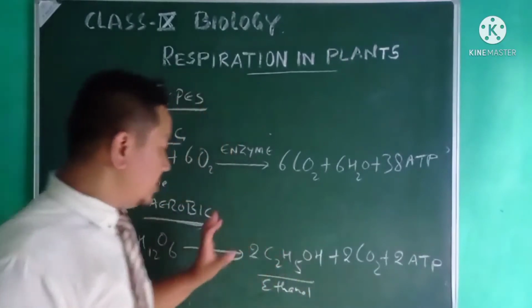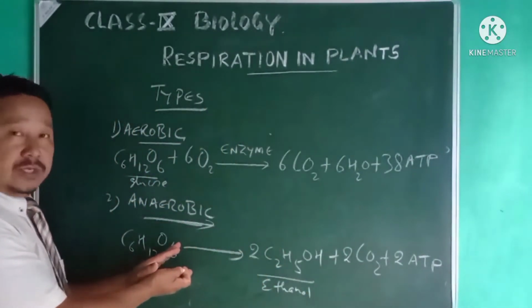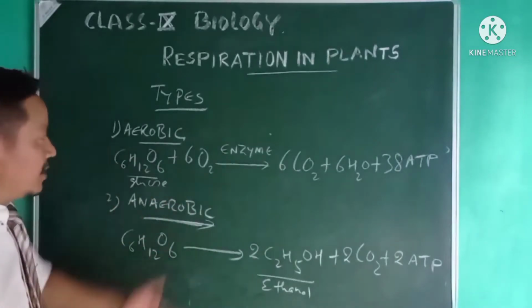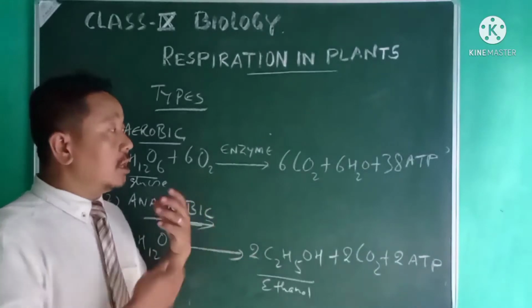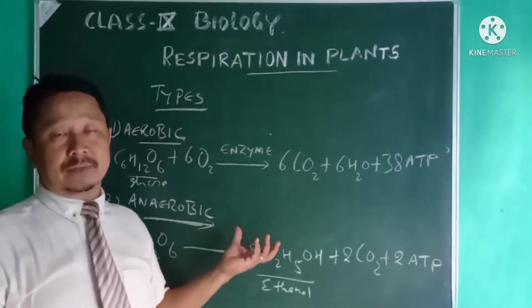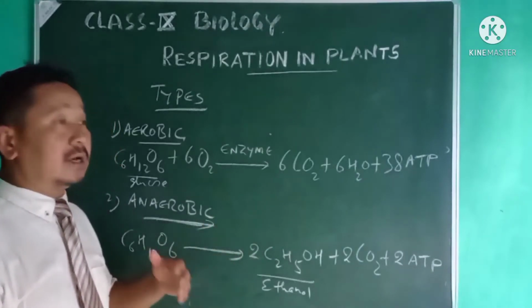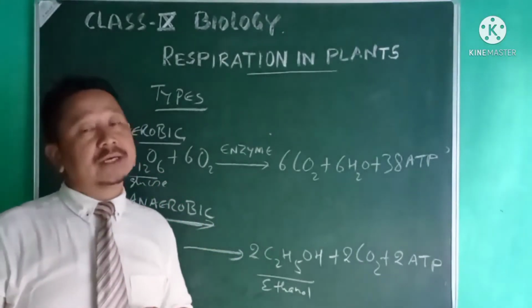If you know these two equations of aerobic and anaerobic respiration, then you can say a lot about them. You can even compare them and talk about the differences between aerobic and anaerobic respirations.